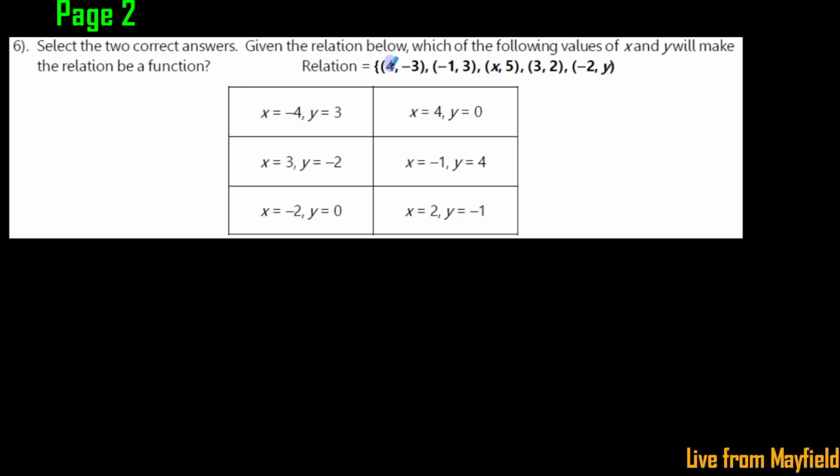So we cannot choose a 4, cannot choose a -1, cannot choose a 3, and cannot choose a -2.